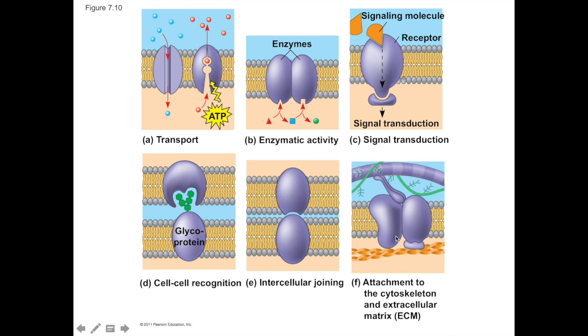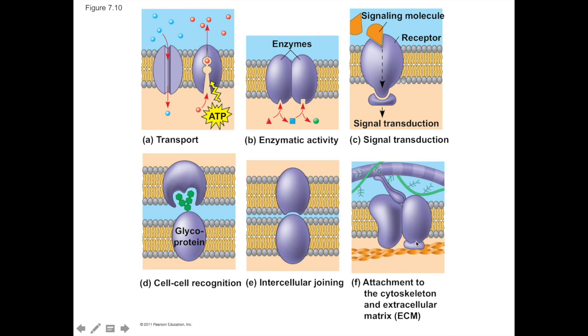And the last one I want to tell you about is, again, something that we see in multicellular organisms, not in unicellular organisms: these proteins may be attached to elements of the cytoskeleton, like those actin microfilaments.